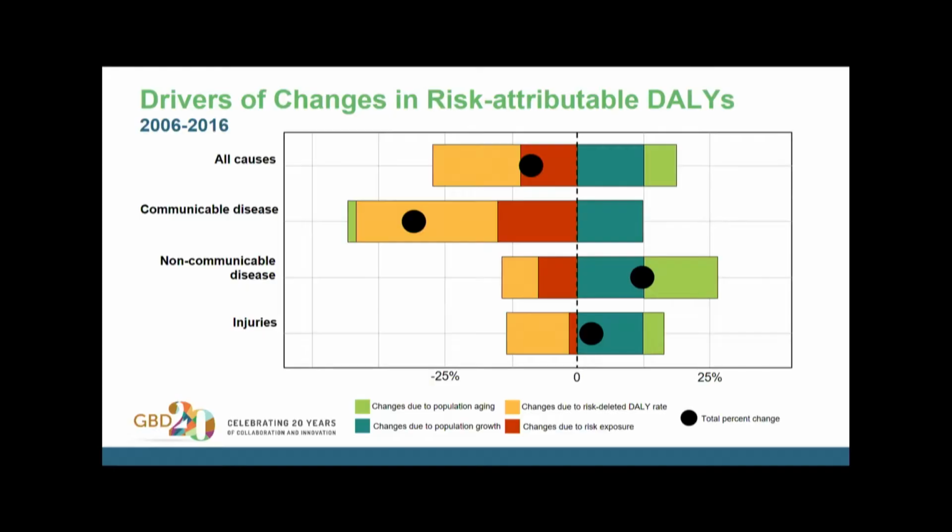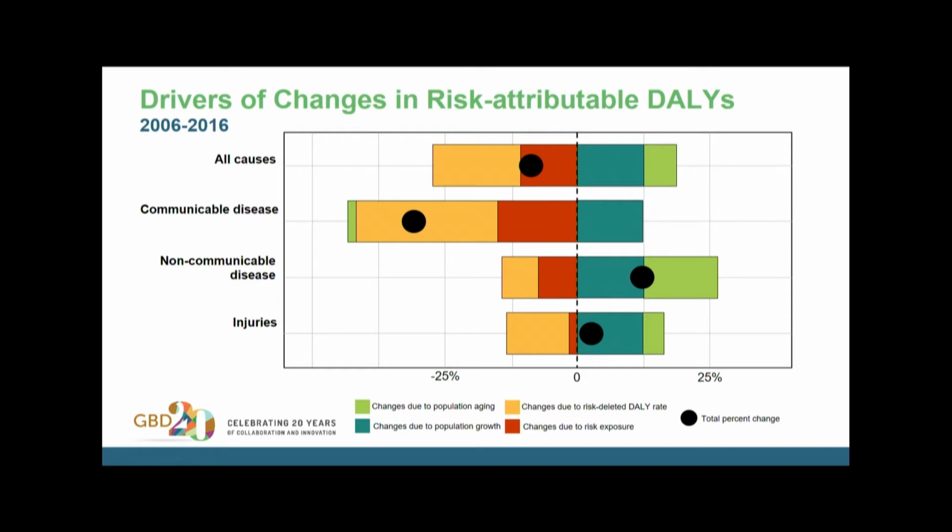And finally, in GBD, we evaluated the percent change in risk-attributable DALYs and quantified the contribution of different drivers, including population growth, population aging, risk factor exposure, and all other factors, which here we call risk-related DALY rate.